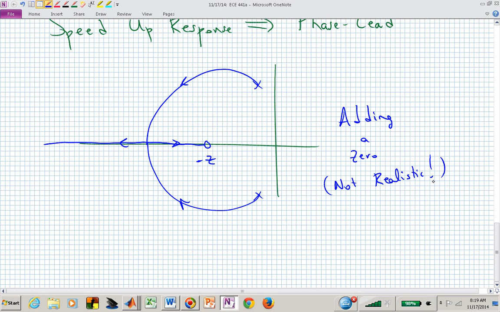That's not realistic, but it helps our insight. Meaning, I kind of like what's happening here. Could I just put a pole quite a ways to the left and it would sort of be similar? And that's what we're really going to do with this phase lead.